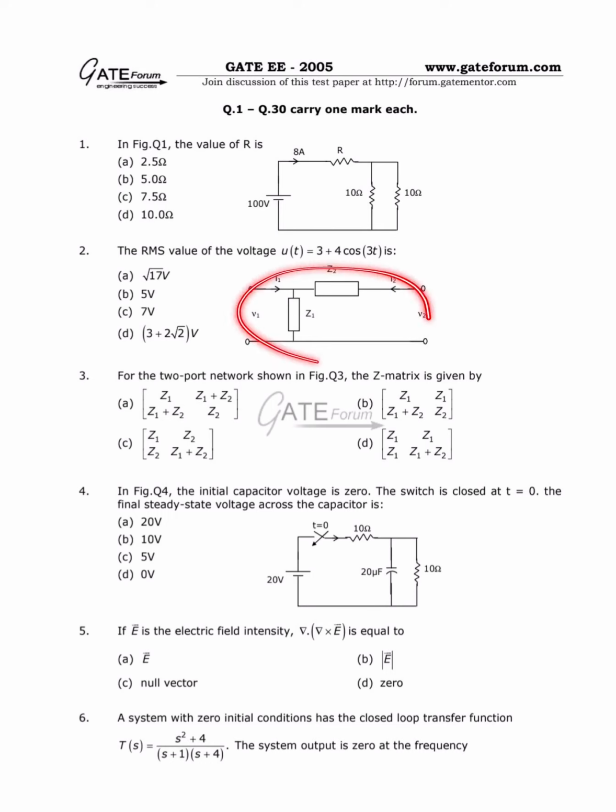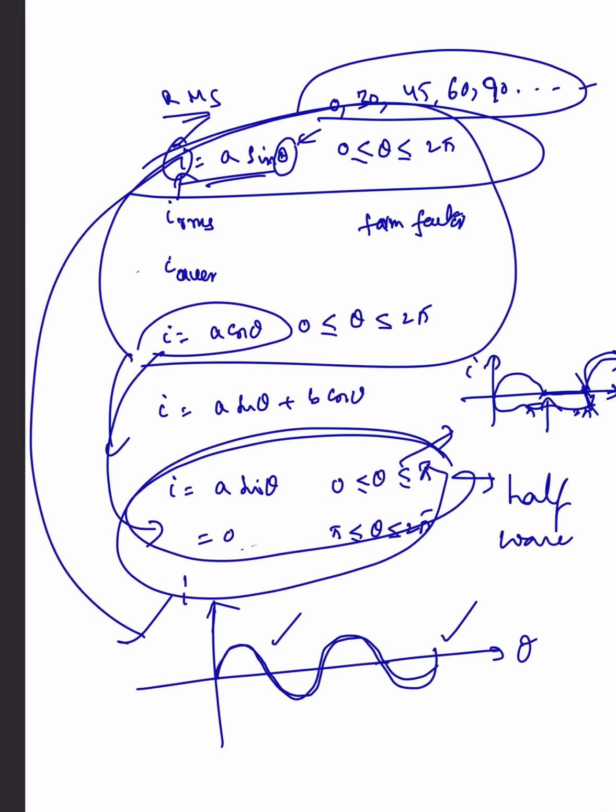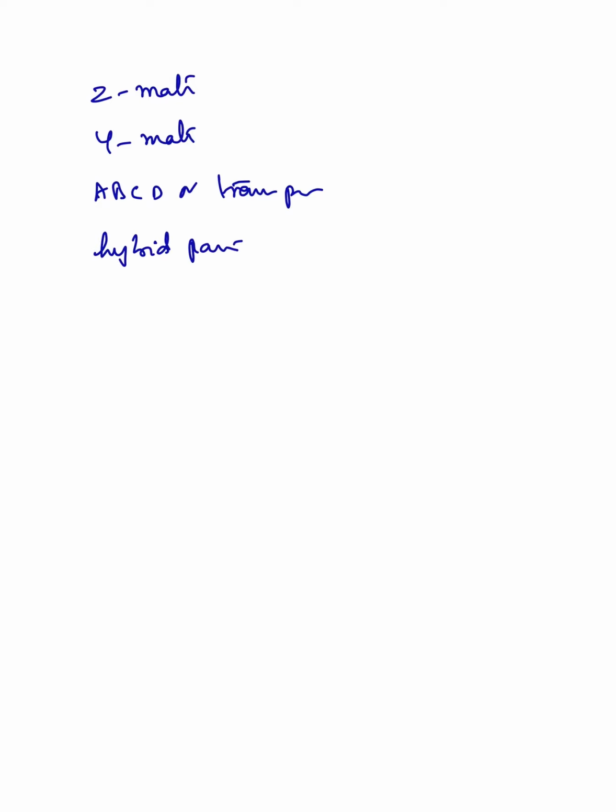Now coming to this question, for the two-port network, the Z matrix is given by. What is the Z matrix? There are 4 representations present: Z matrix, Y matrix, ABCD or transmission parameters, and hybrid parameters.